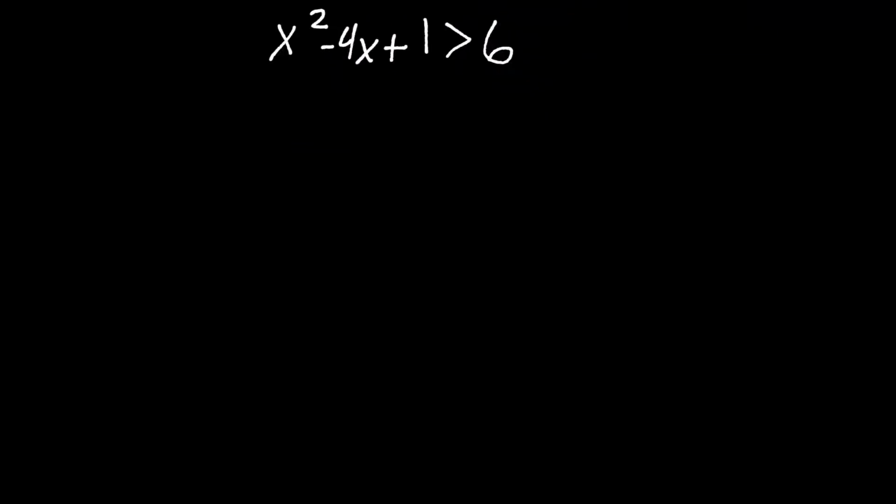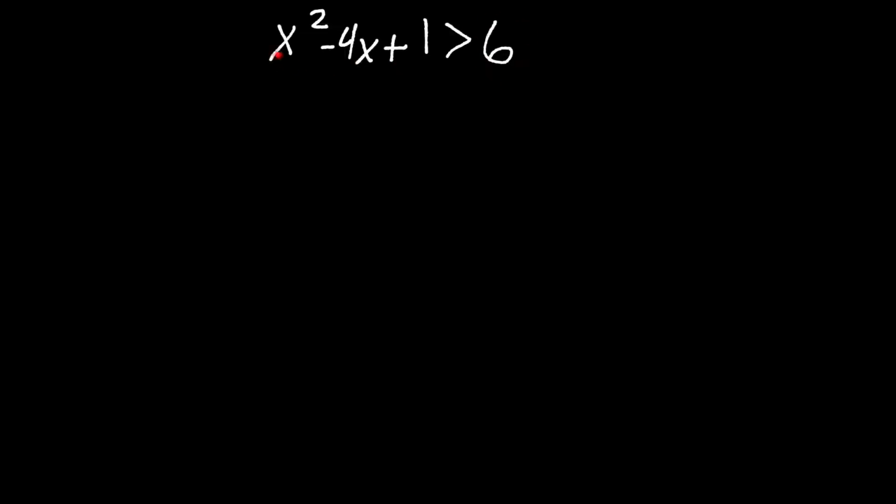For our second example here, we have the function x squared minus 4x plus 1 is greater than 6. This is a little bit different because we don't see a y here. But to start off with, whenever we are trying to solve our quadratic inequalities, we want one side to be 0.